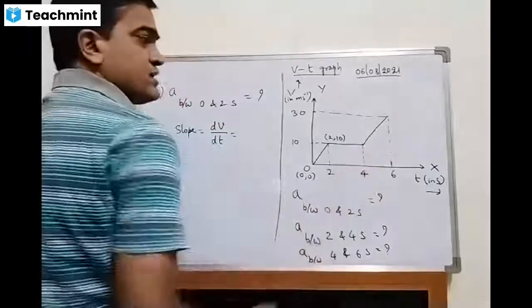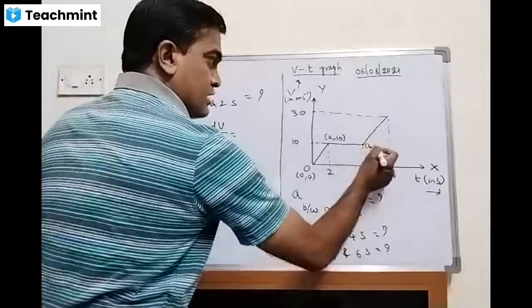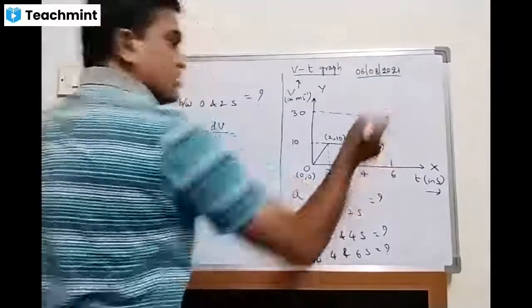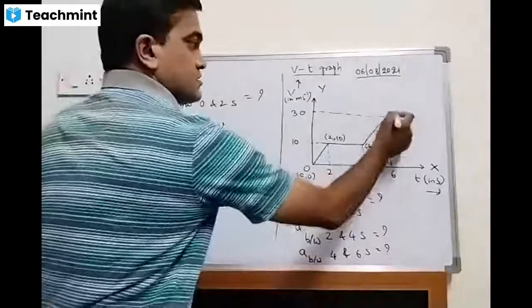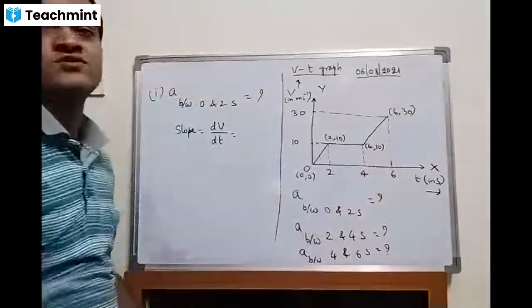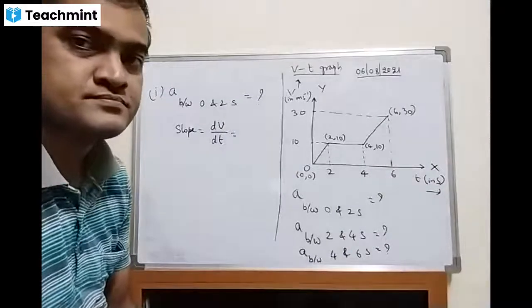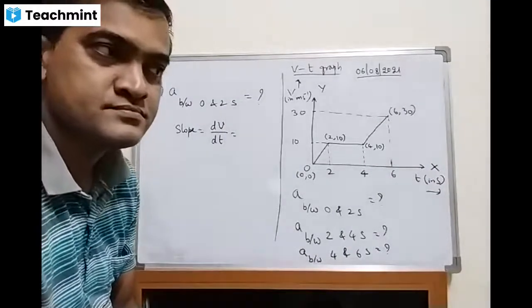Here, what are the coordinates? 4 comma 10. And here? 6 comma 30. First, write down the coordinates so that it will be easy for you. Check it out.